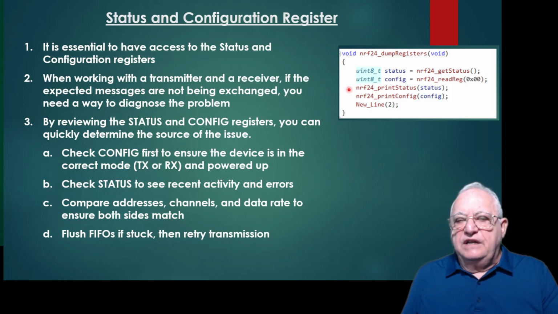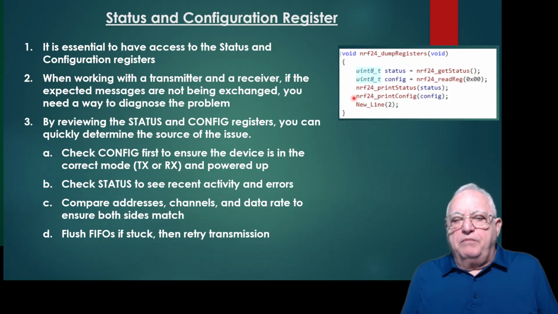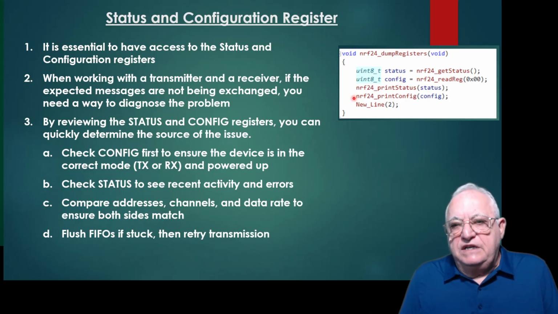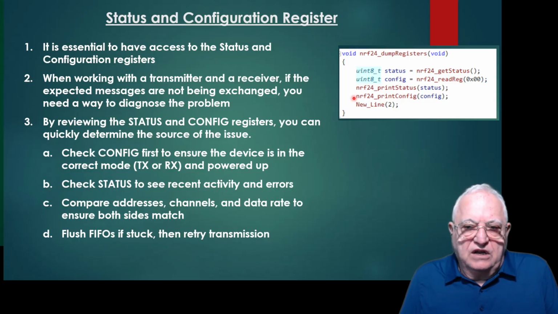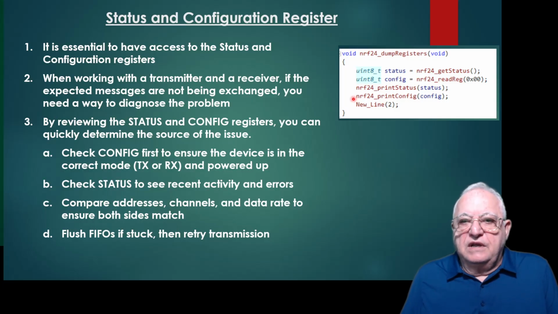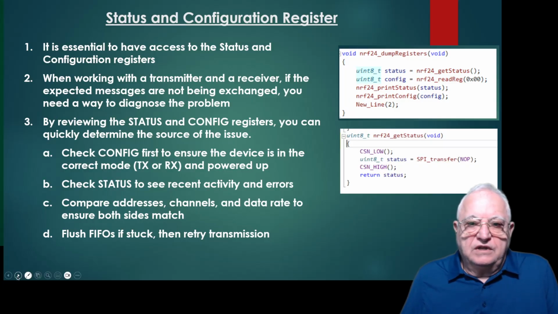Once I get the status and the config, I print the status and I print the configuration. By printing, I'm sending it to the laptop through the UART and seeing what the status and configuration are. Now to get the status, you select the radio and then you send the NOP. Every time you send the NOP to the radio, it replies with the status, and then you deselect the radio and you're done.